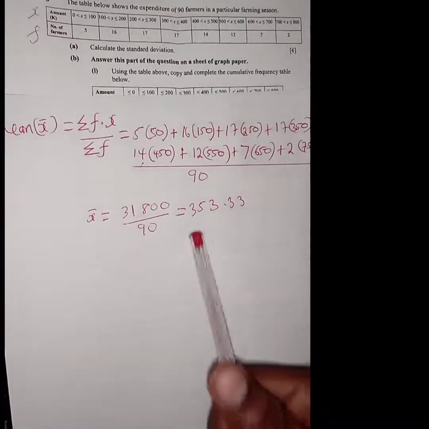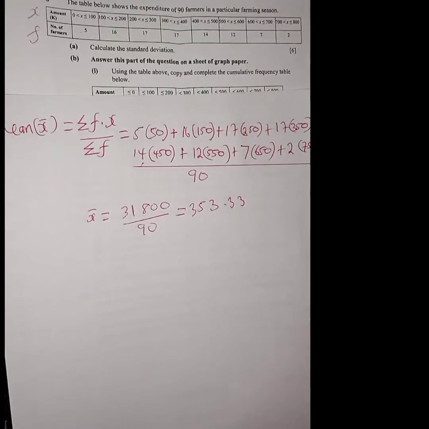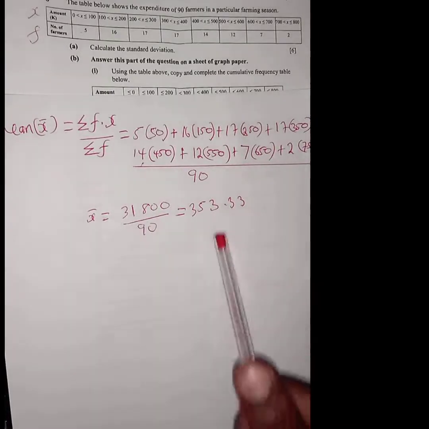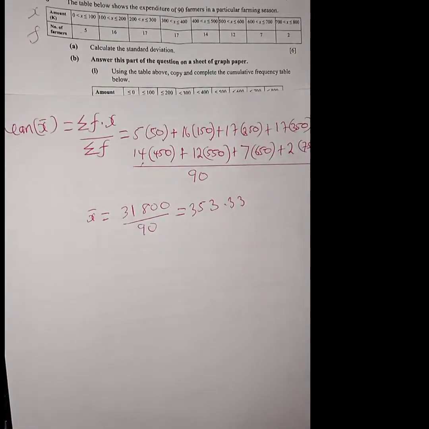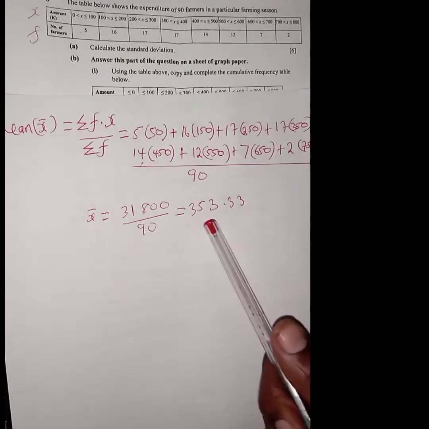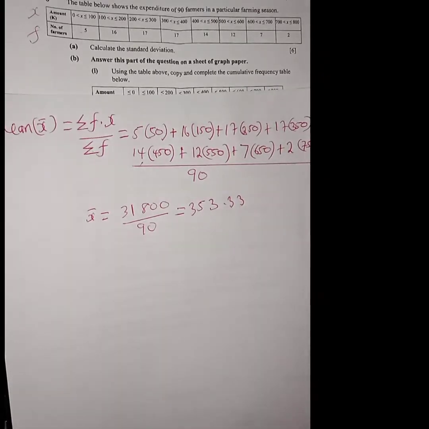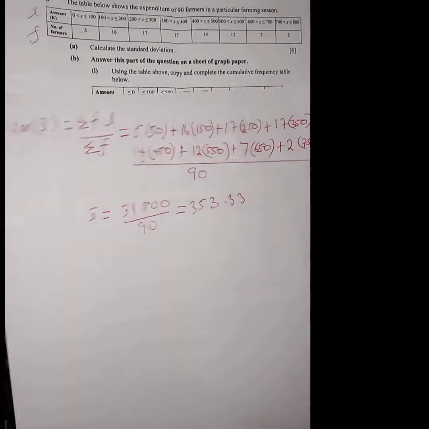You can just write this. Do not round off at this stage. You write at least 6 or 5 decimals, but don't round off to 3 significant figures yet, because we are yet to use this one. We're going to use it again very soon. So don't round off to the fullest, right? So this is our mean.